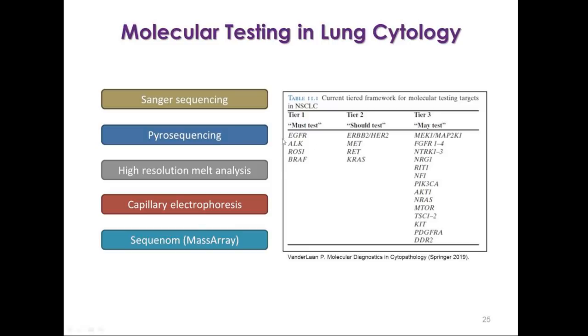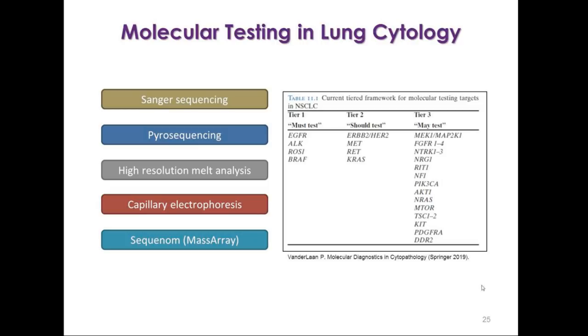You have your must test genes, which is your EGFR, ALK, ROS1, and BRAF. Then you have a should test gene set, which is things that you should test if you're using an expanded panel, like next-gen sequencing where you have the capability of testing all of these. And then there's a whole list of other genes that are upcoming, emerging targets that may not be in the guidelines right now, but may show up at some point.